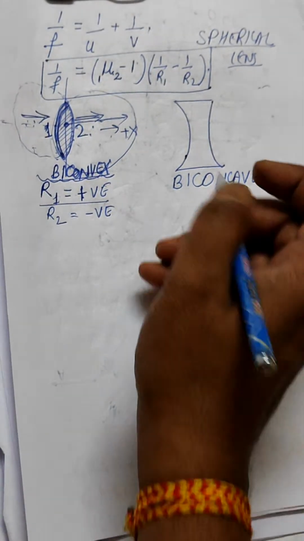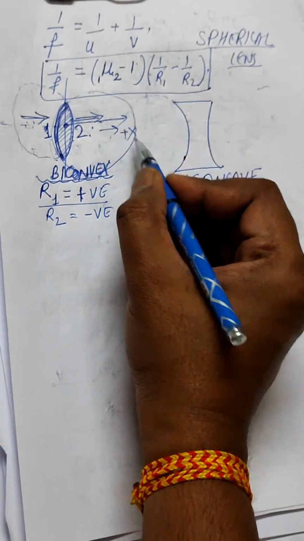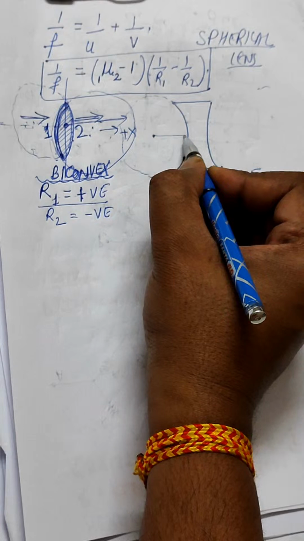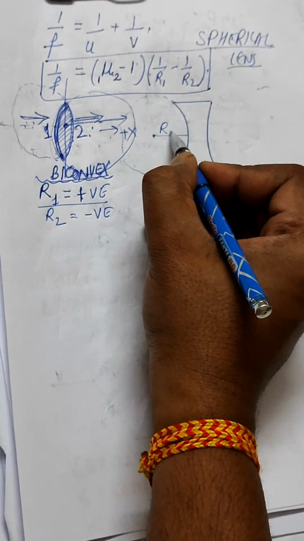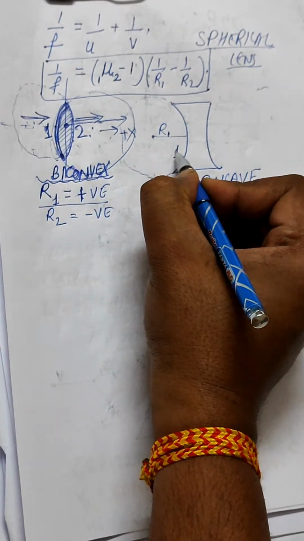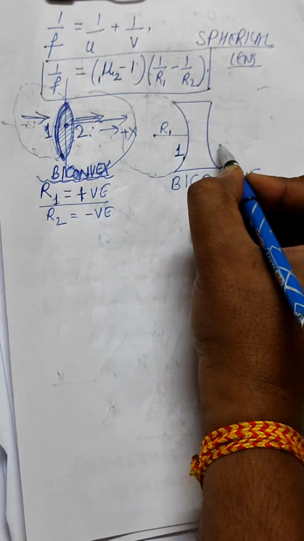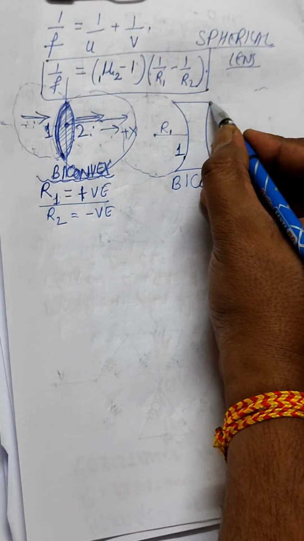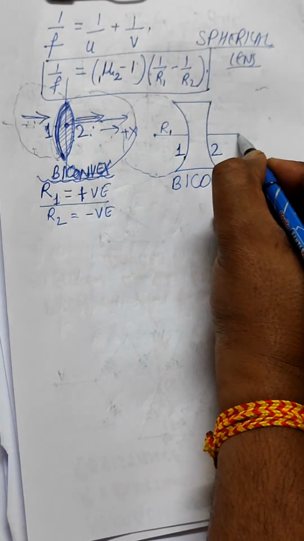For a biconcave lens, if this is a circle which is forming, then this is surface 1 and this is surface 2, and the radius of curvature of the second surface will be lying over here.